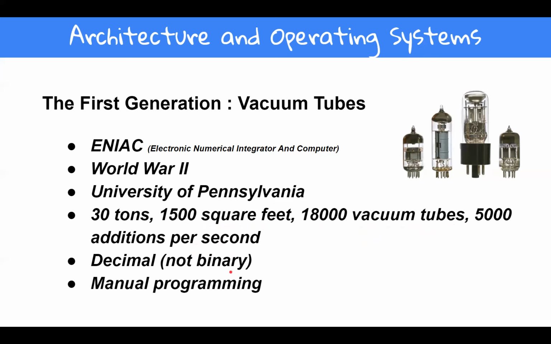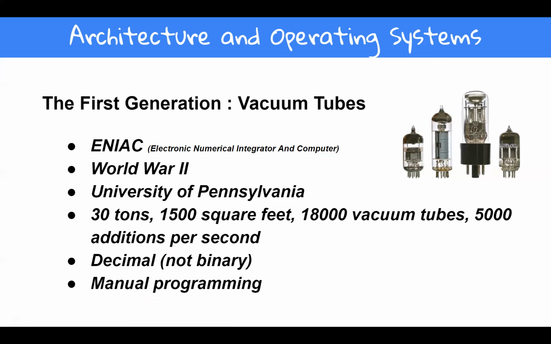The first machine wasn't working on the binary system. It was decimal. It means that they put tens of these vacuum tubes next to each other, and when one of them is on, it shows what number they wanted to use. And they had to put them together and connect them with wires manually. Because of that, we say that machine worked on manual programming: the people who worked on that machine had to manually create the circuit, logically.